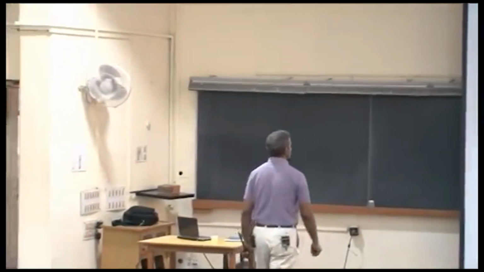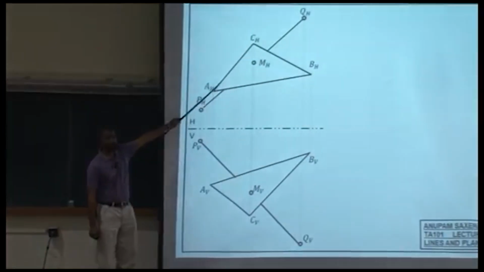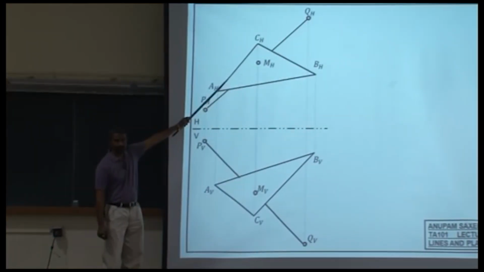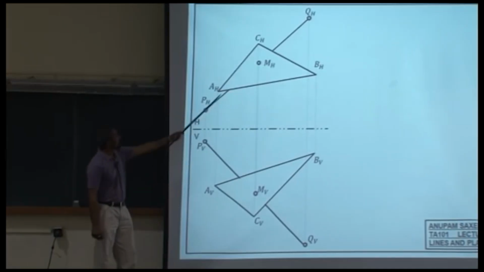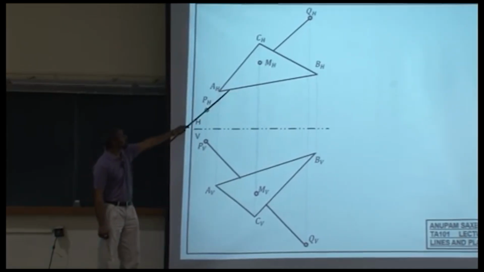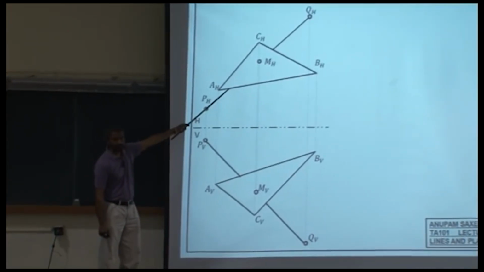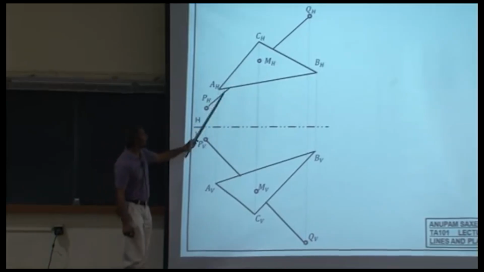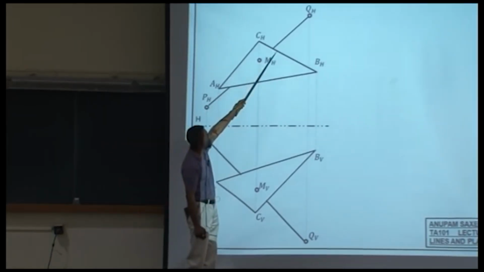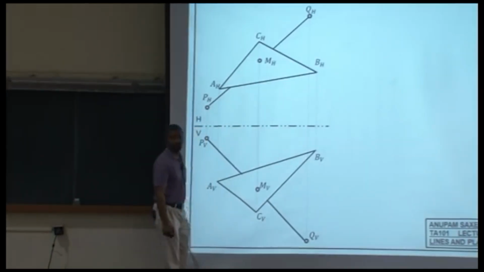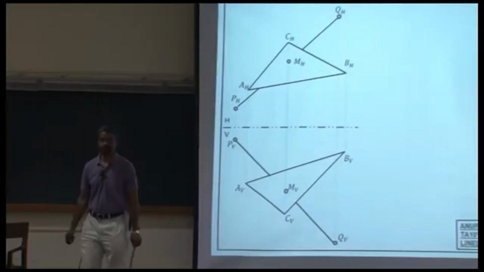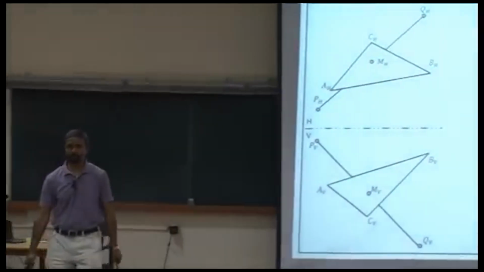So the best way to figure what part of the line is visible or not is this. From the top view or from the horizontal plane, this line is intersecting this edge of the plane, okay, and this line is intersecting this edge of the plane over here, okay. Now pay attention, follow the steps very carefully.